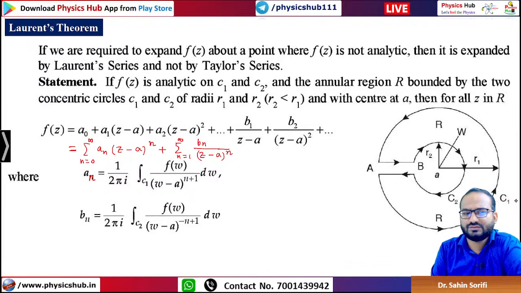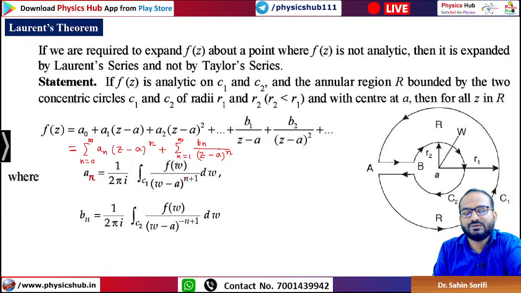I think it's the same formula we gave: f of w by (w minus a) to the power n plus 1 dw.